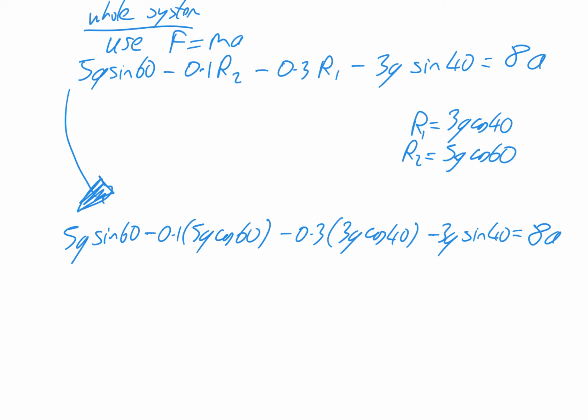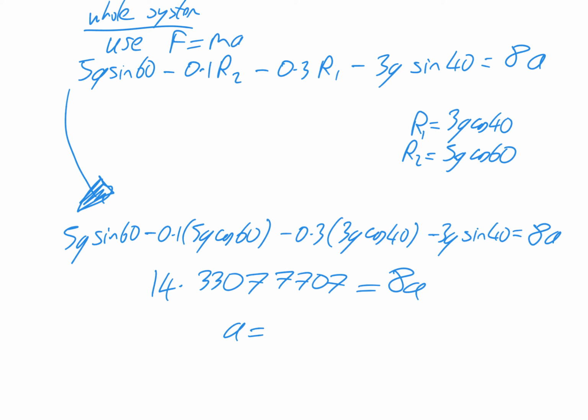Do 5 times 9.8 times sine of 60, and then minus 0.1 times 5 times 9.8 times cos of 60, minus 0.3 times 3 times 9.8 times cos of 40, and then minus 3 times 9.8 times sine of 40, close up bracket, press equals, and thankfully I got something positive, so not a particularly big number, 14.330777707, equals 8a.